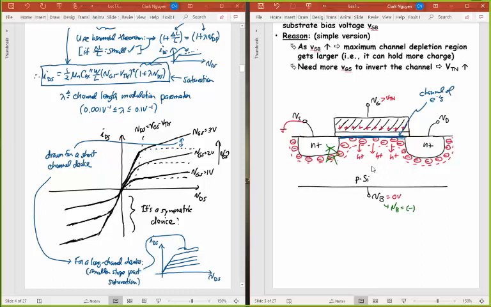If I do that, basically I'm making VSB bigger. In other words, I've taken VSB and increased it.